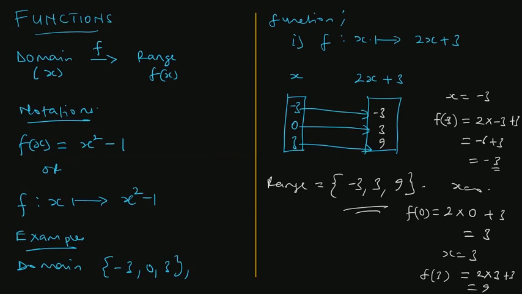Let's look at another example. Using the same domain, let's change the function. I can draw this: this represents my range, which is -3, 0, 3.